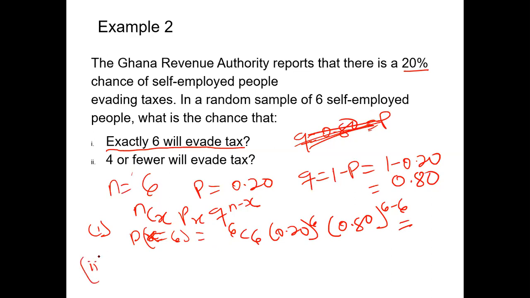All right. So essentially, if you punch your calculators, you should get this answer. The II says 4 or fewer. So let's note that random variables start from 0.